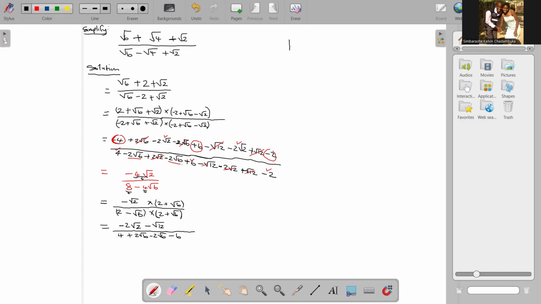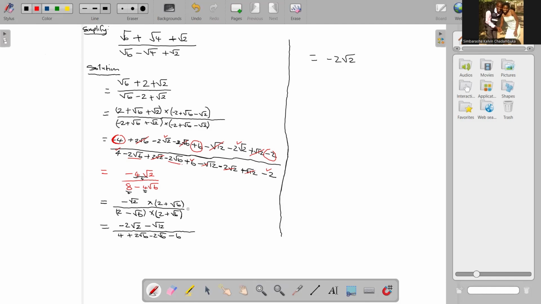Then if we are to check there, that one, it means we have a negative 2 root 2. But if we are to check that 12 under root sign, it can be expressed in surd form.